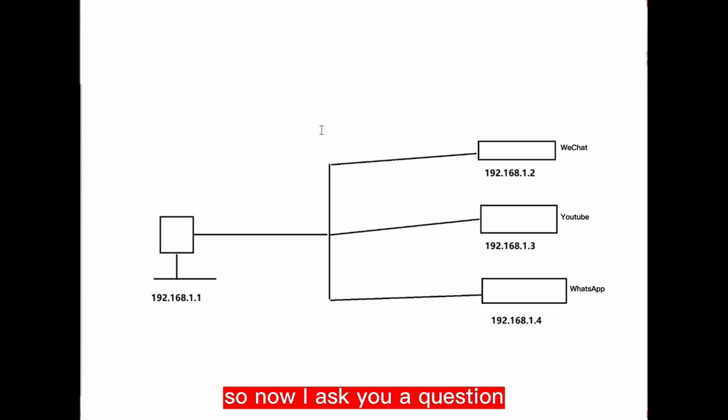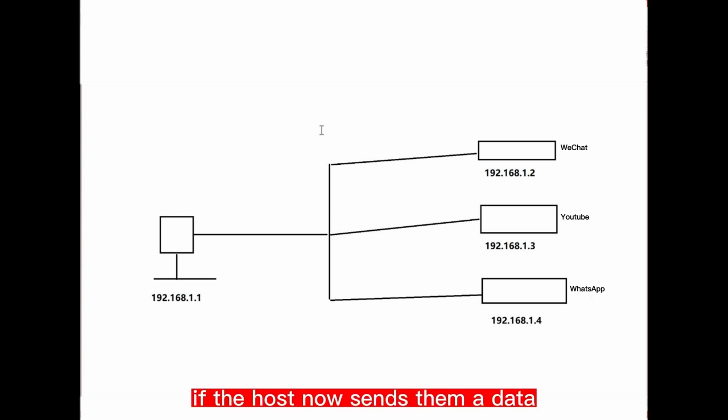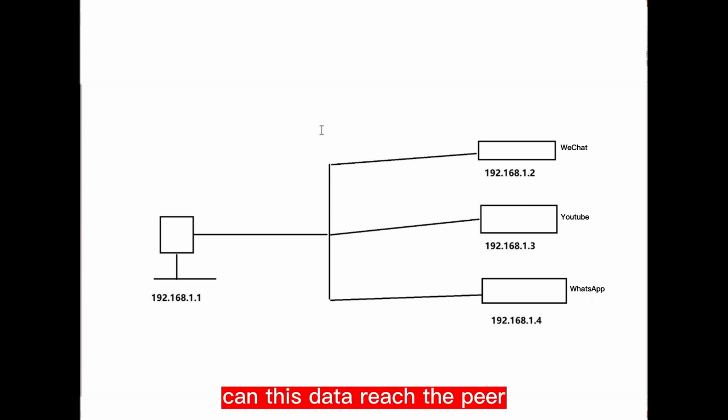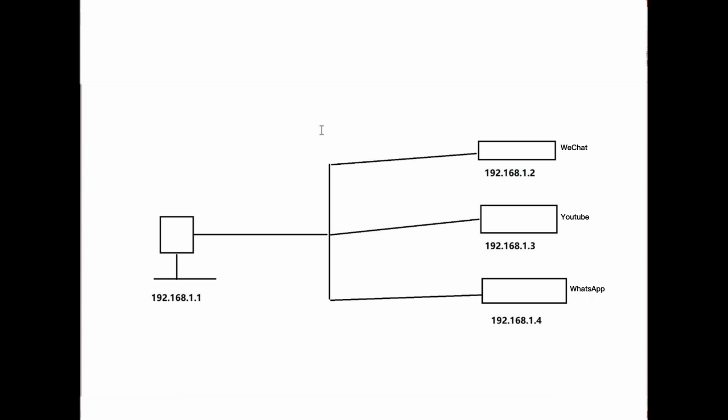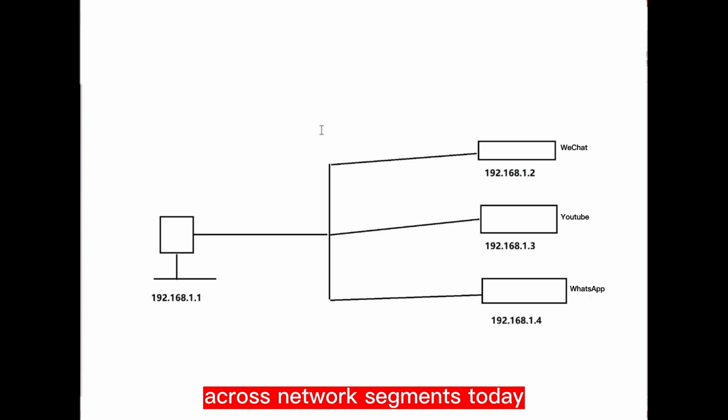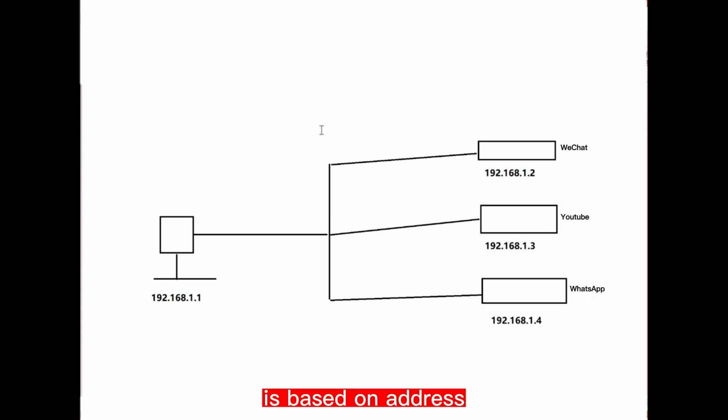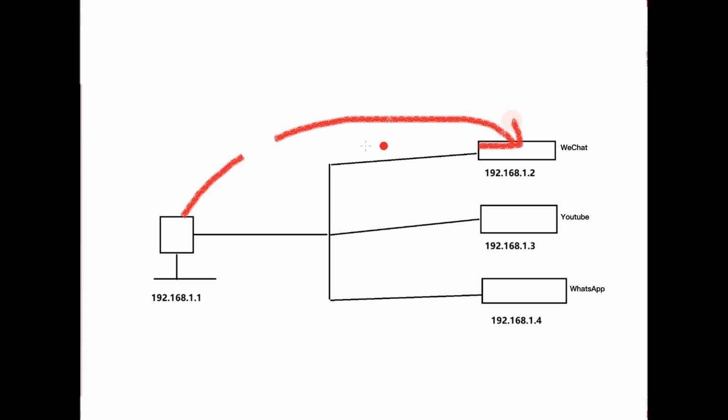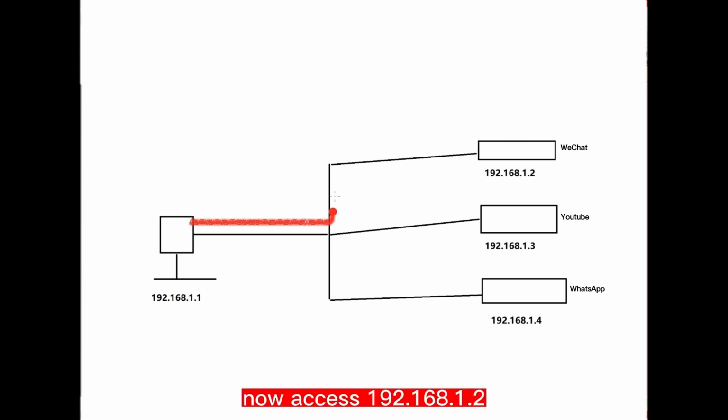So now I ask you a question. If the host sends them data, can this data reach the peer? We do not consider data forwarding across network segments today. Forwarding on the same network segment is based on address. For example, accessing 192.168.1.2 from 192.168.1.1, data can be sent.